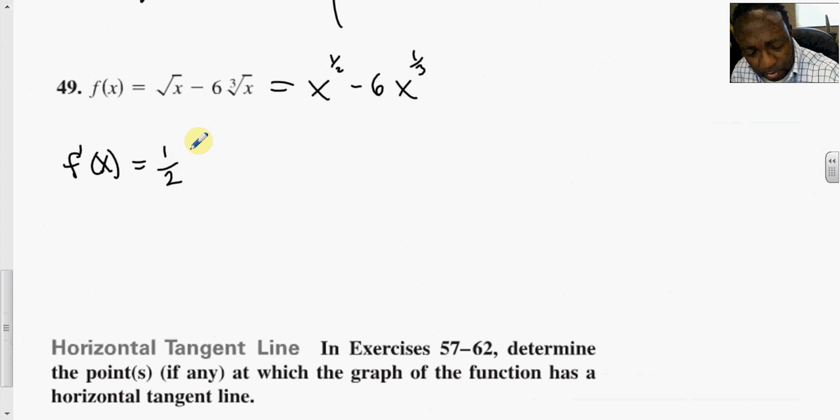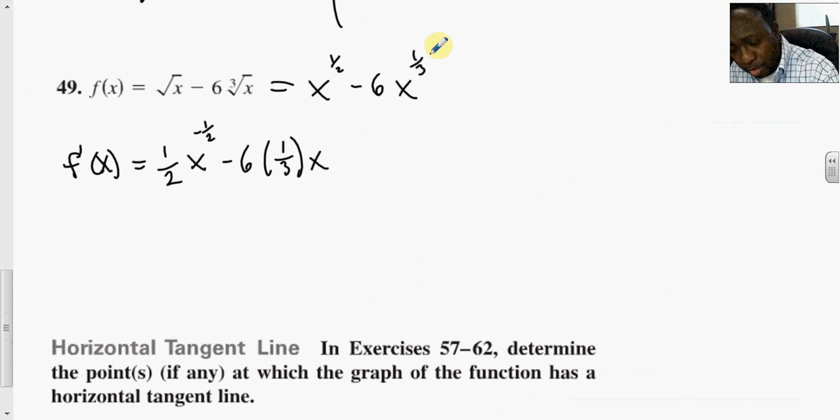So I slow down. This is 1/2 times x to the 1/2 minus 1, which is negative 1/2, minus 6 times, here we multiply by the 1/3 times x to the 1/3 minus 1. 1/3 minus 1 is 1/3 minus 3 over 3.